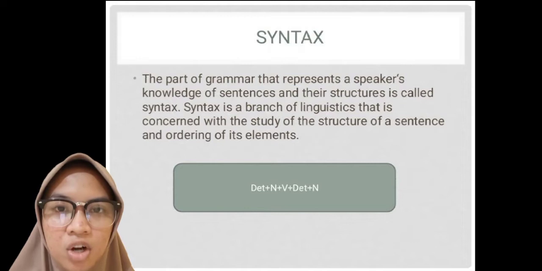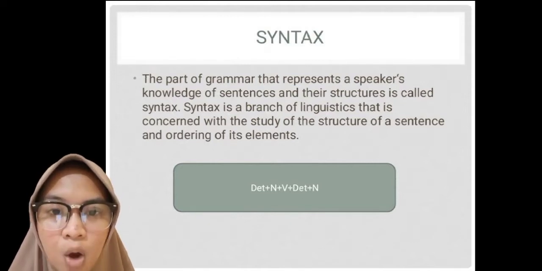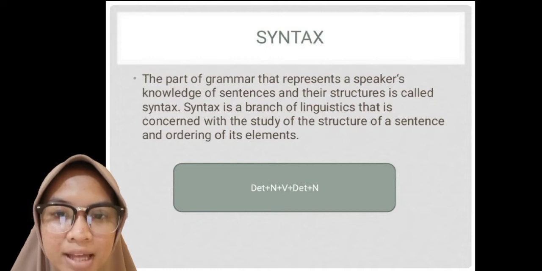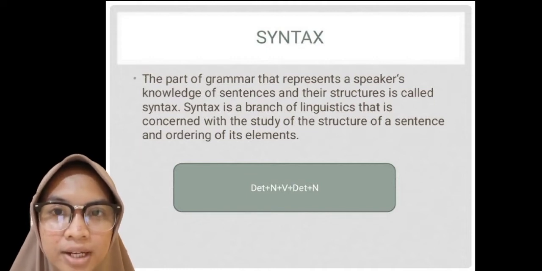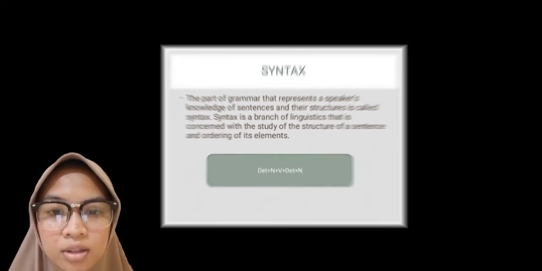The sentence structure is determiner plus noun plus verb plus determiner plus noun. This template says that a determiner is followed by a noun, which is followed by a verb, and so on.